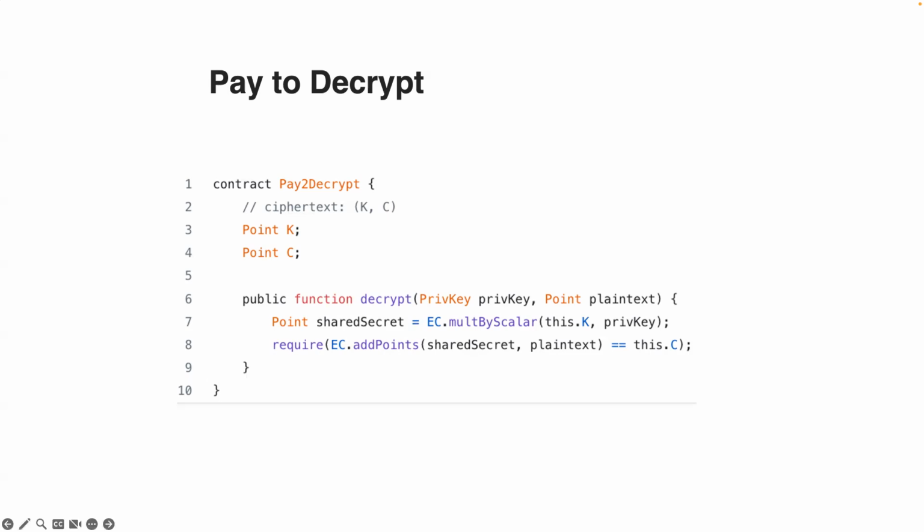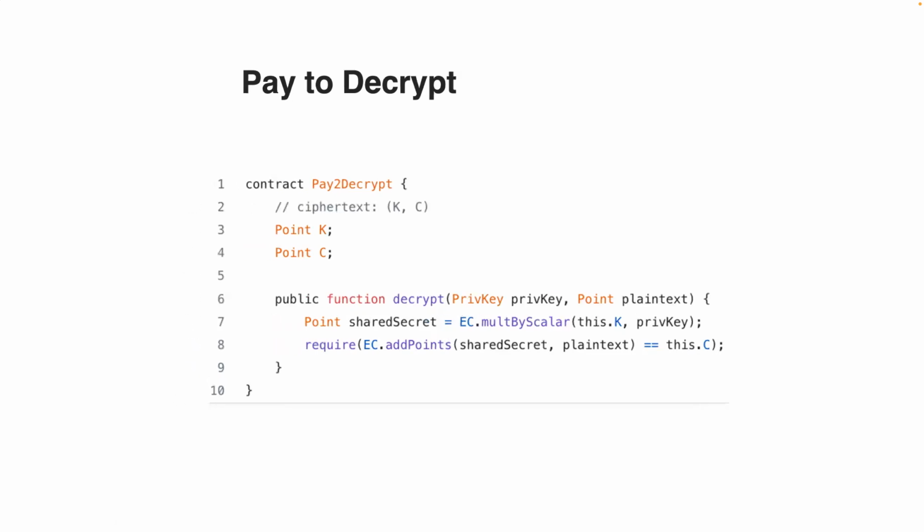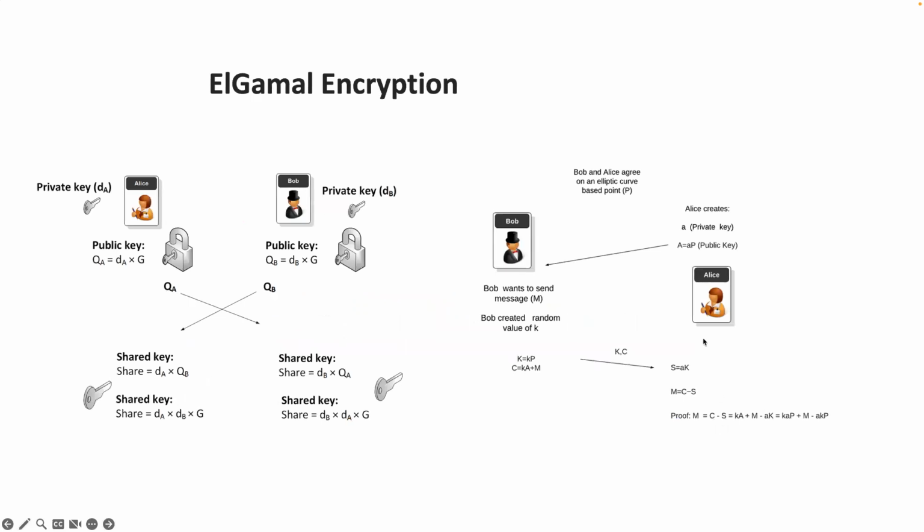So then we have this contract. It's also very simple. What this does is you lock up the key in a smart contract, and the only way the seller can redeem it is by using the correct decryption key, because of the scheme here.